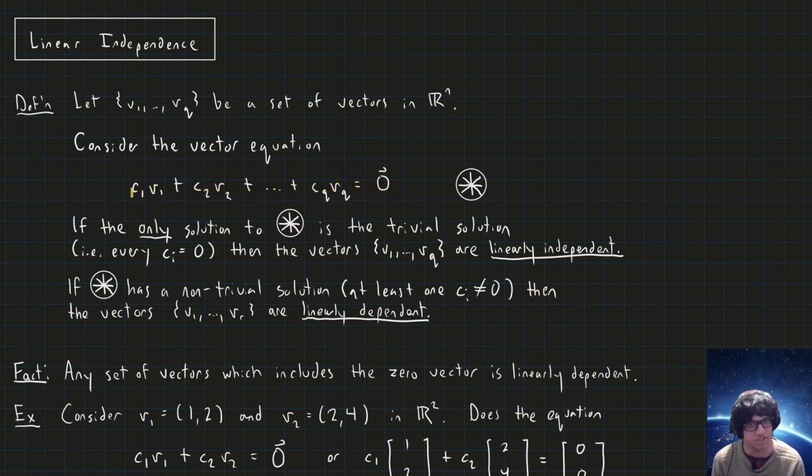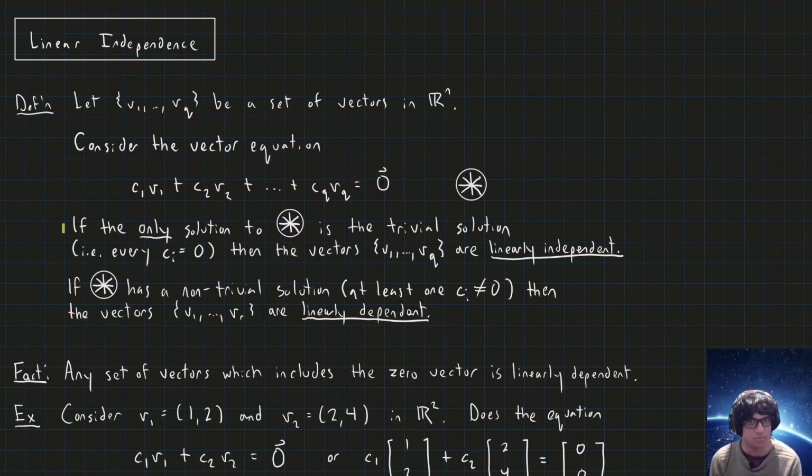If we set all the c's equal to the number 0, then that will satisfy this equation. That's called the trivial solution to this equation. By analyzing the solutions, we will determine whether the vectors are independent or dependent.